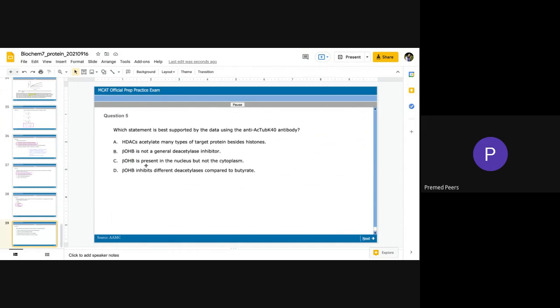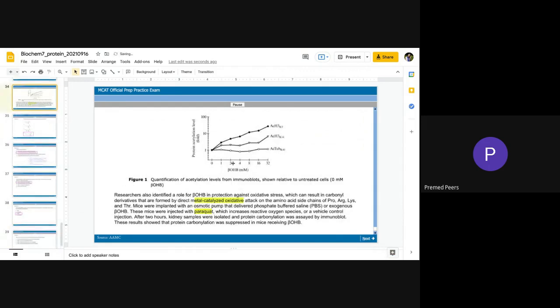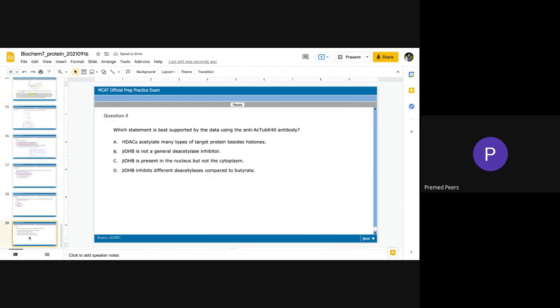And then the next one is it is present in the nucleus but not in the cytoplasm. How do you know? Because tubulin is in the cytoplasm and it looks like they're doing something right here. So I would eliminate answer C, and then beta OHB inhibits many different deacetylases compared to butyrate.